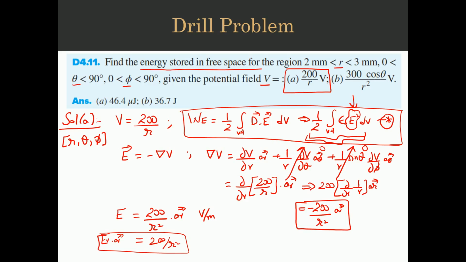Now let's utilize this equation to get our answer. The work done comes out to be 1 divided by 2 volume integral epsilon E square dV, and it comes out to be 1 by 2, now we have a triple integral, over r, theta, phi.